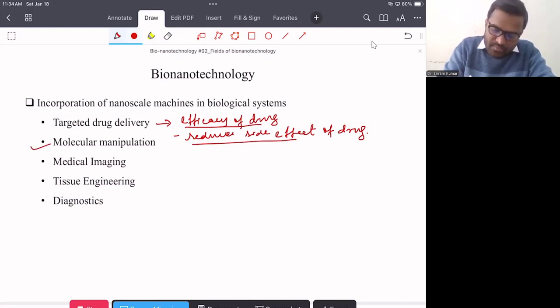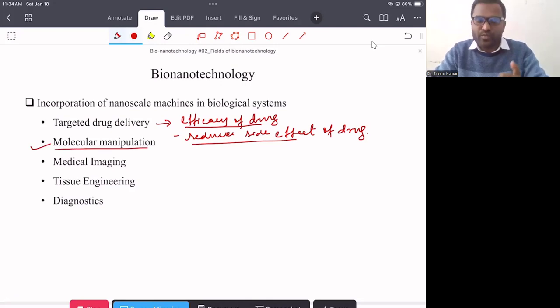The second is molecular manipulation. Here, using the nanoscale machine, we can manipulate within a cell. For example, if you are looking at applications in genetic engineering or gene therapy, we can use nanorobots or nanobots that can go inside the cell or the nucleus and change the gene within the nucleus or DNA.